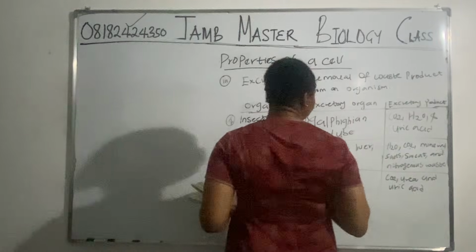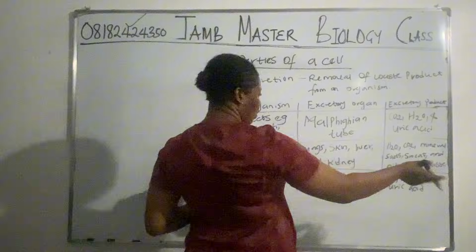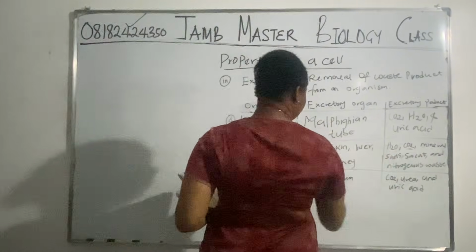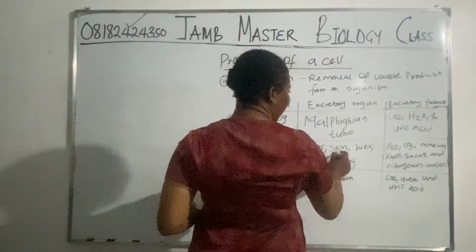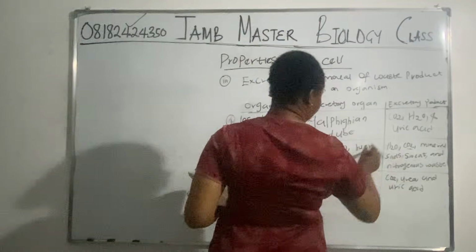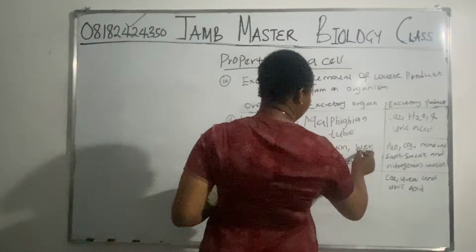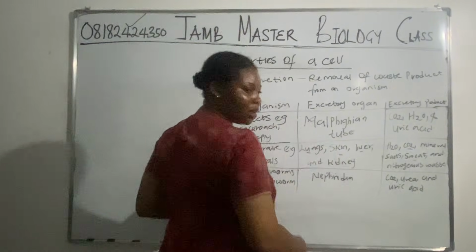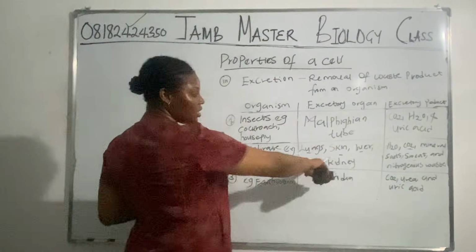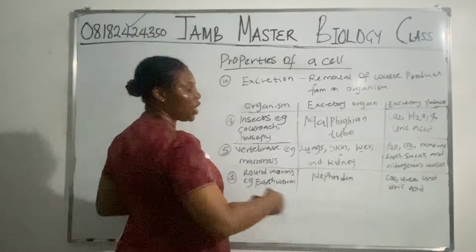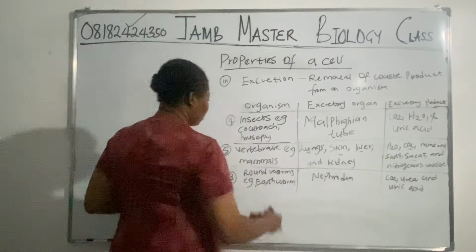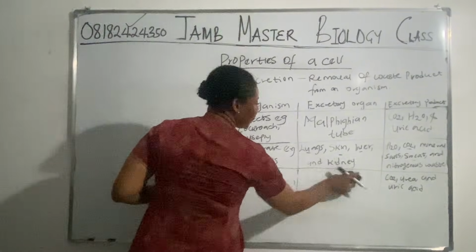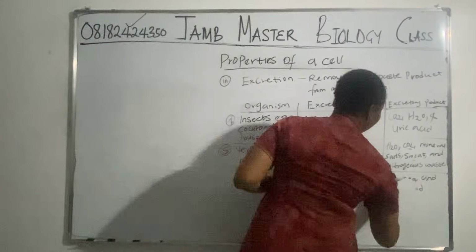Remember that you breathe in oxygen and breathe out carbon dioxide. So carbon dioxide is through the lungs. We have the skin, which gives sweat. Mineral salts, basically the liver and the kidney. Nitrogenous waste, the kidney, your urine. Remember that the kidney plays a role in the formation of urine.